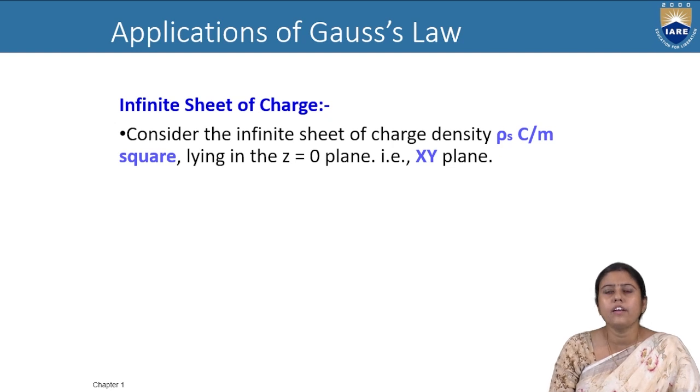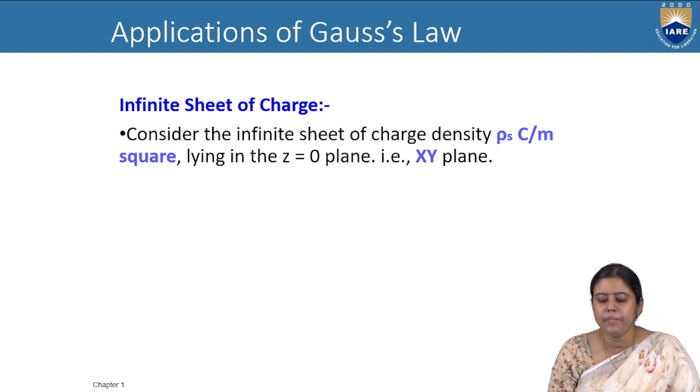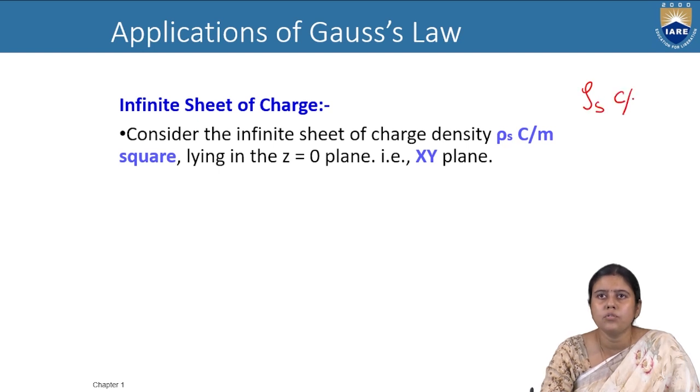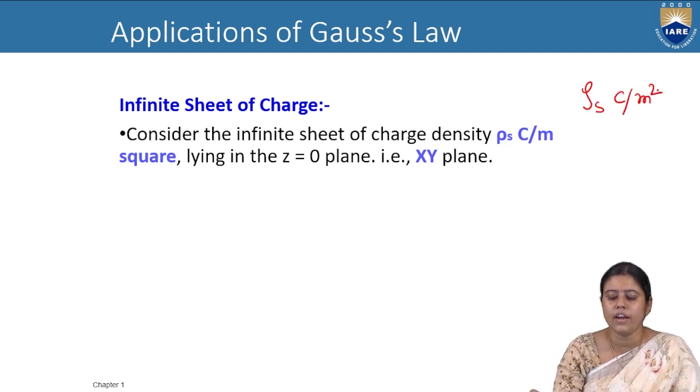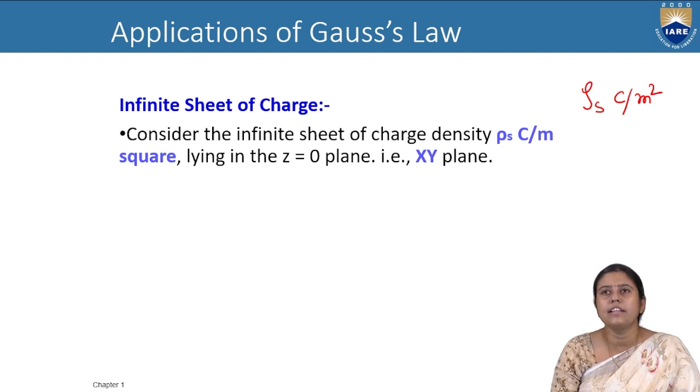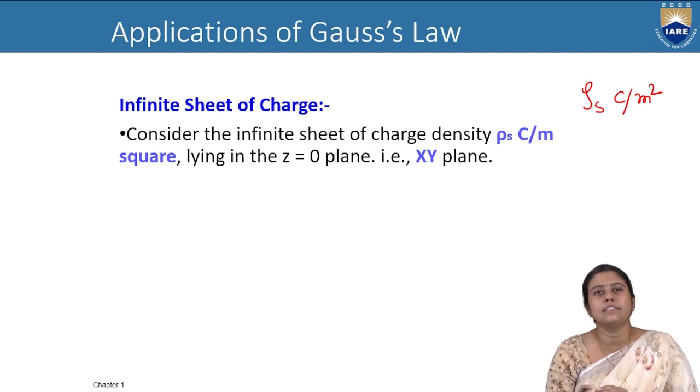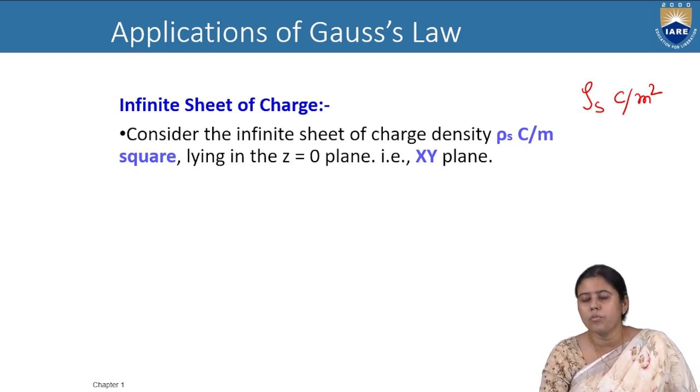So we are again considering the infinite sheet of charge of rho S coulomb per meter square. The charge density is rho S coulomb per meter square, and it lies in the xy plane. As this is a surface, we can think that it is always in the xy plane.